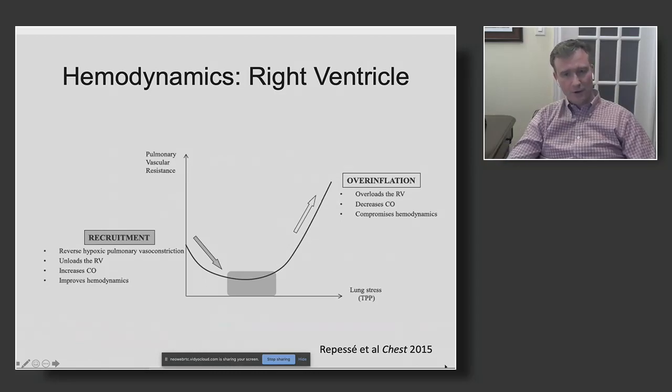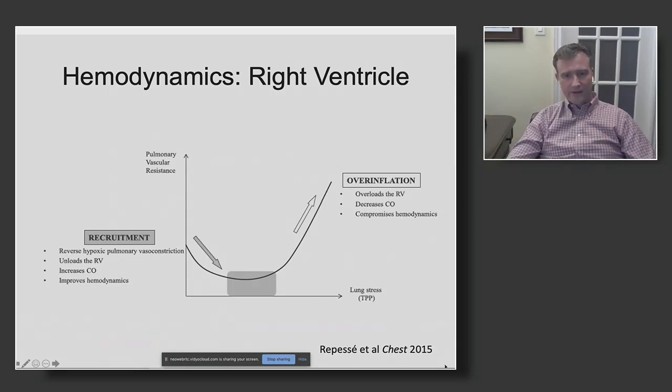So if airway pressures are too low and there's a lot of lung de-recruitment, then that also increases pulmonary vascular resistance. So there's probably a happy medium of airway pressure to apply to the lung that minimizes pulmonary vascular resistance. And this actually unloads the RV and supports hemodynamic function. But as the airway pressures continue to rise, you'll have overinflation and that'll increase pulmonary vascular resistance.